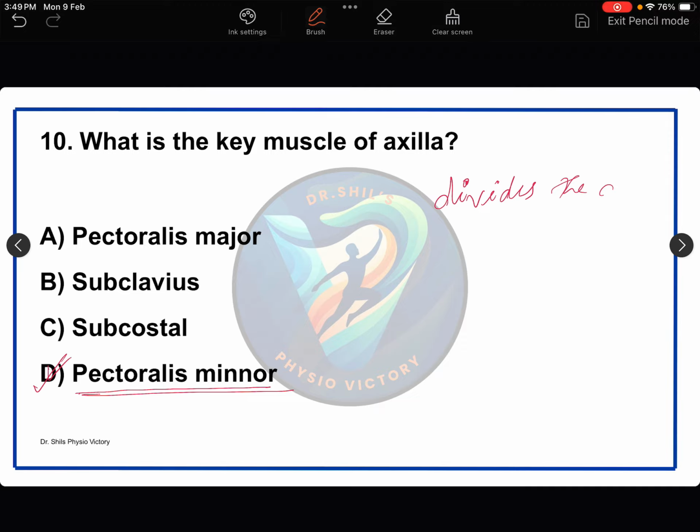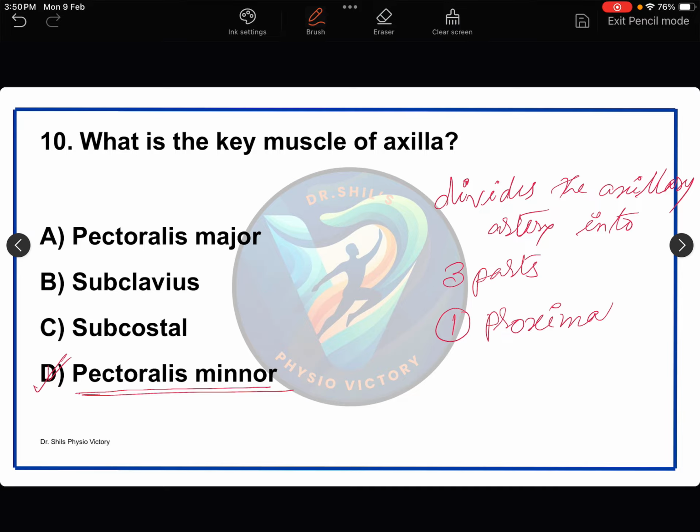One is proximal, two is posterior, and three is distal.